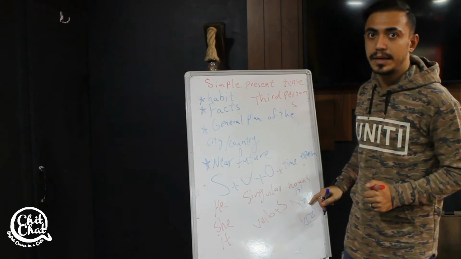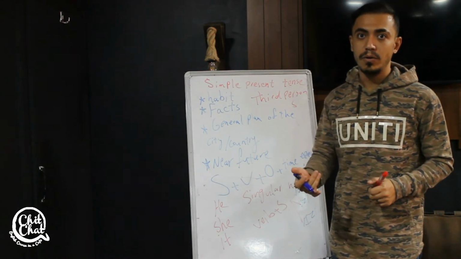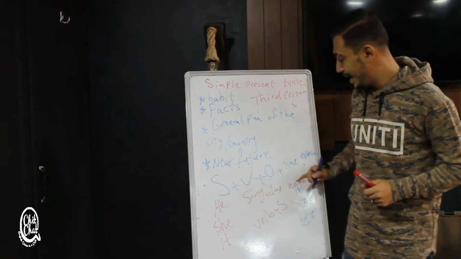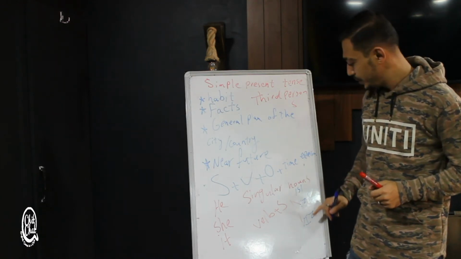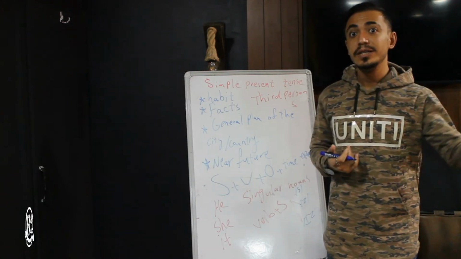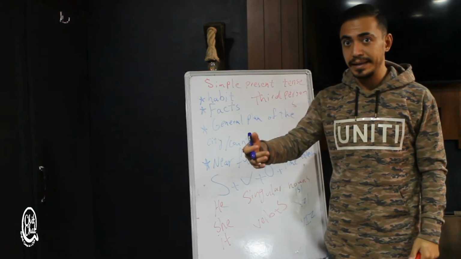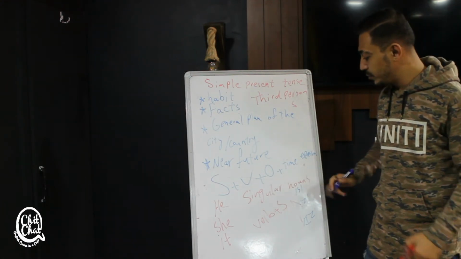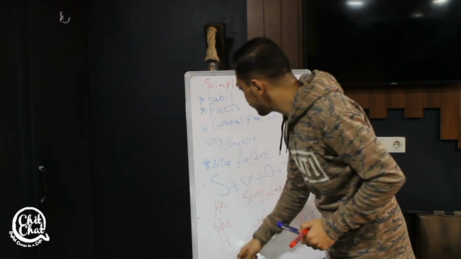For the z pronunciation, I can say I go, but Umur goes. It has a z pronunciation. And for the iz sound, I can say I teach English, she teaches English. You have to pay attention to this too.